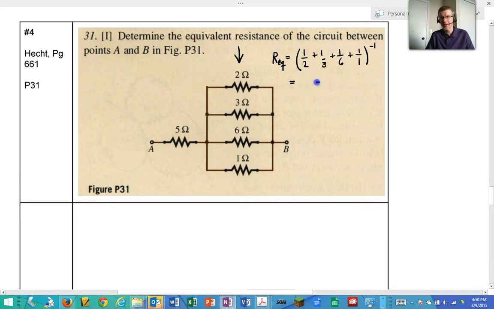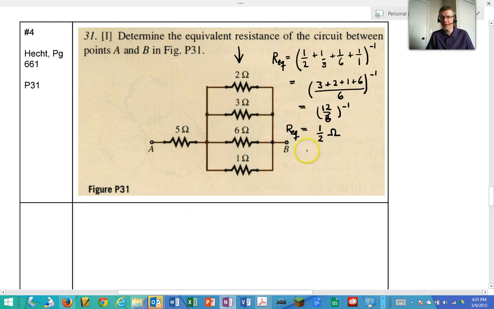So what I've got is 3 plus 2 plus 1 plus 6 all over 6, and then negative 1. So that's 12 over 6, which is 2. Negative 1 is 1/2. So the equivalent resistance of this branch is 1/2 of an ohm.